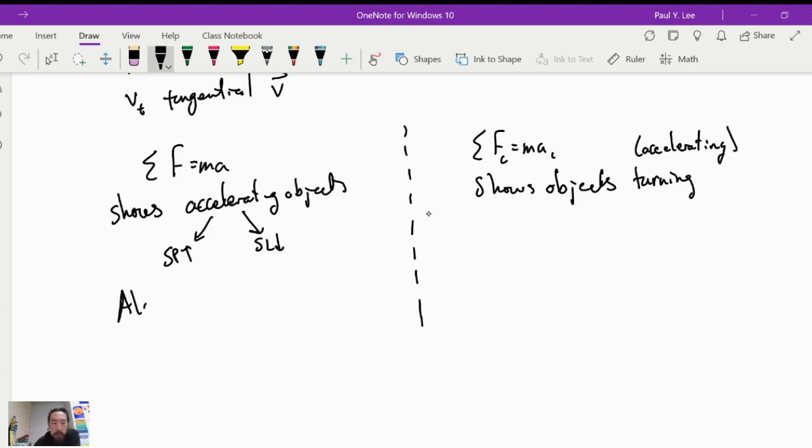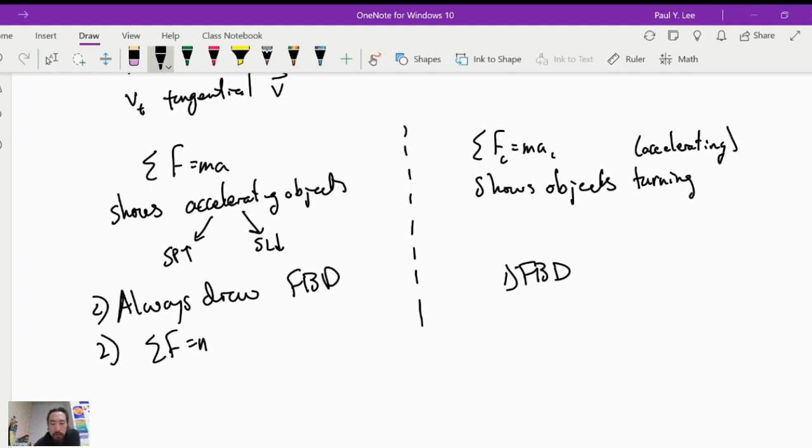The steps are always the same. Always draw a free body diagram. That's always step one. And step two is always use the net force formula.